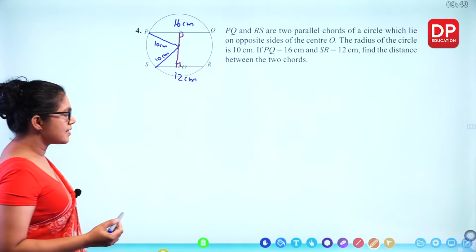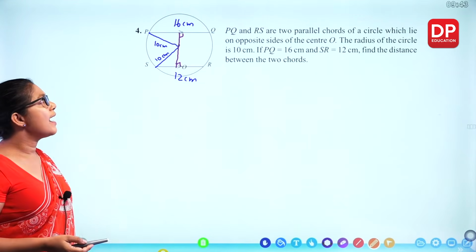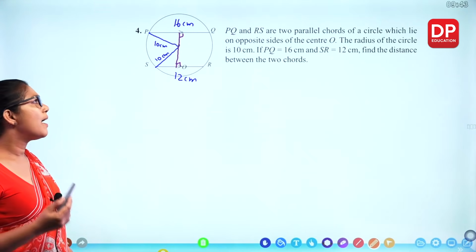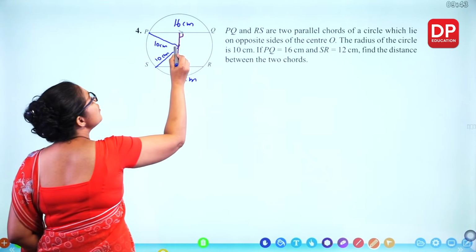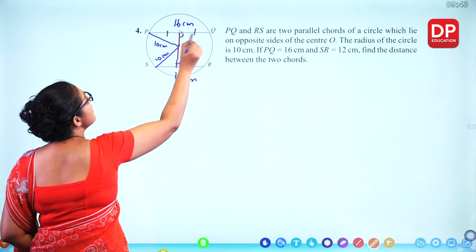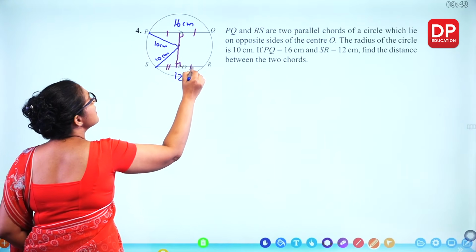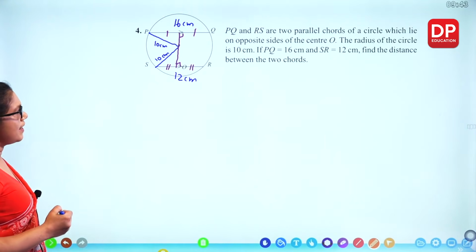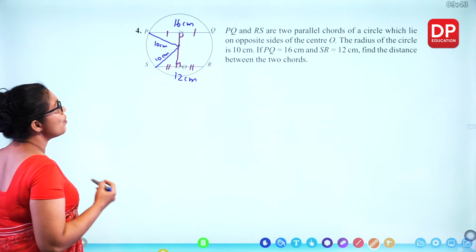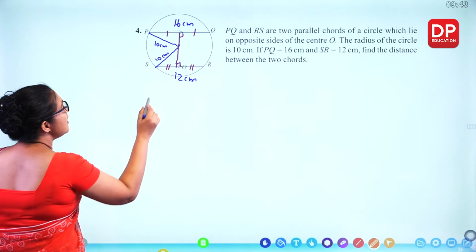According to the converse theorem, when you draw a perpendicular line, the chord bisects. So when you draw the perpendicular, this length is equally divided as well as this length. If you know that, you can straight away find the lengths.